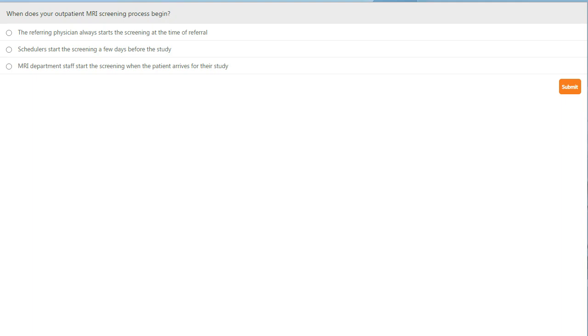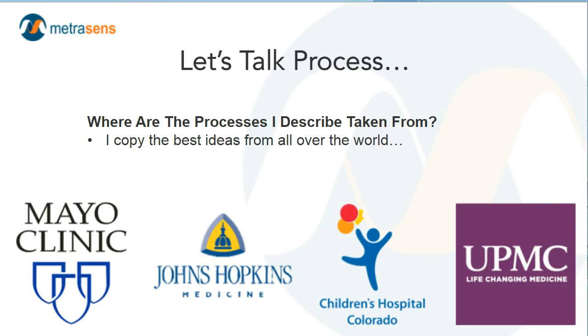So as we're getting into talking about the actual mechanics of the process, it's probably fair to give attribution and let you know where I get these ideas from. I have no pride. I will beg, borrow, and steal a good idea from anybody I see it from. And these are a few of the institutions that I have had the privilege of either working with directly or interacting with folks who have helped me better understand effective ways to conduct the screening process.